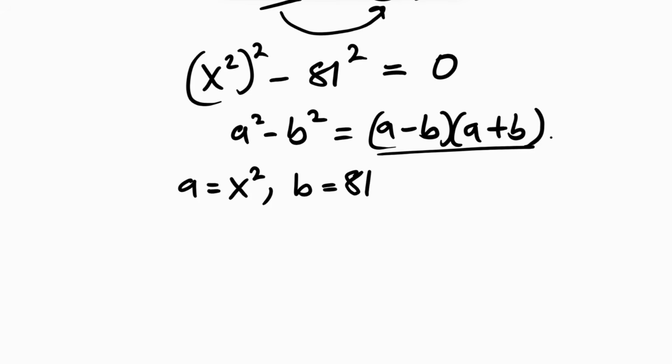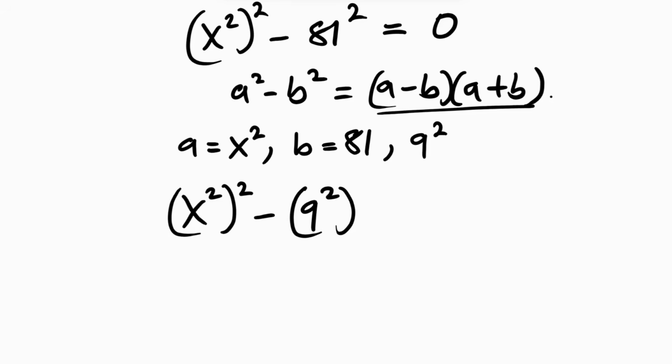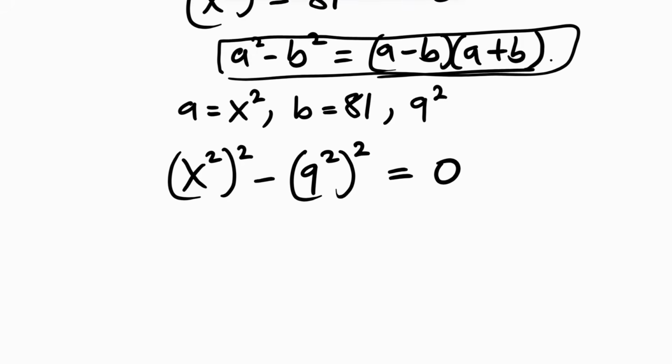Now 81 we can also rewrite as 9 squared if we wanted to do that as well. So now we have x squared minus 9 squared equals 0.